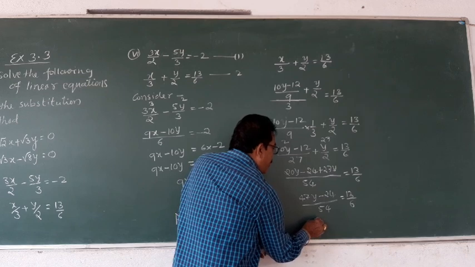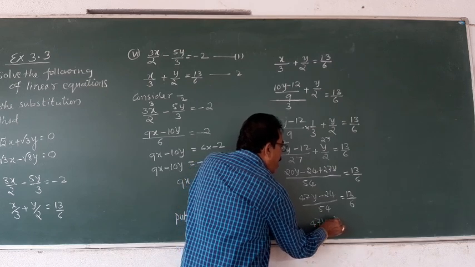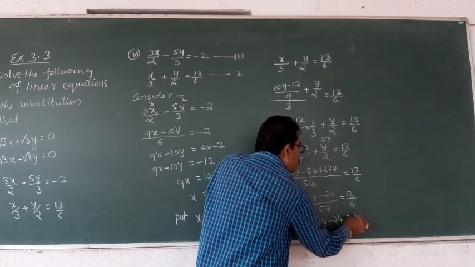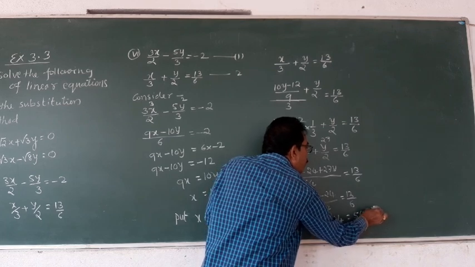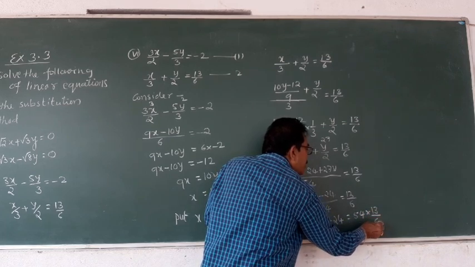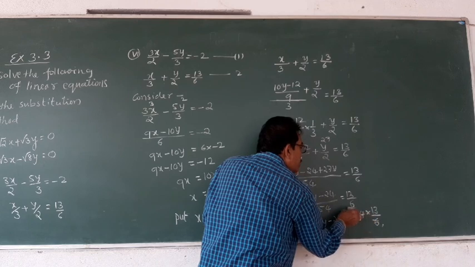Then 47y minus 24 equals to, cross multiply, 54 into 13 by 6. 6 1s are 6 9s are.